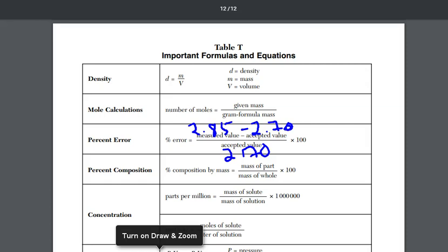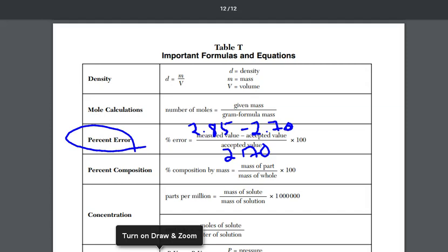So here is the percent error equation, and I'm just plugging the numbers in here so you can see it. 2.85 was the measured value. That's the student value. Accepted value, we picked off Reference Table S as 2.70. So you're going to take the difference of those two numbers. You're going to divide by 2.70 times 100 to get the answer.